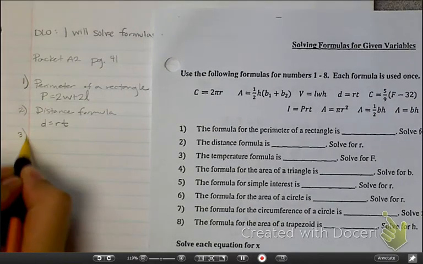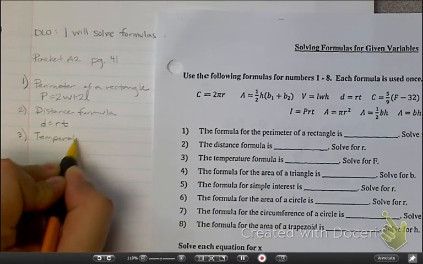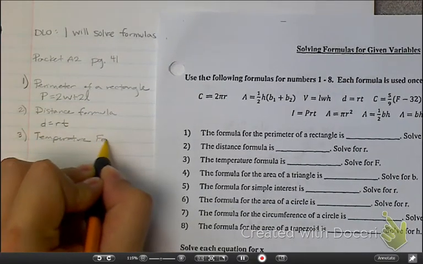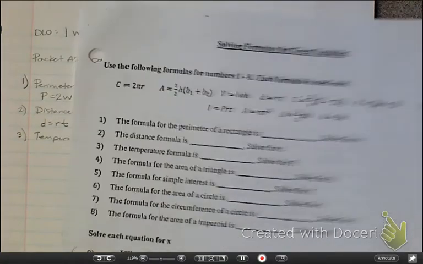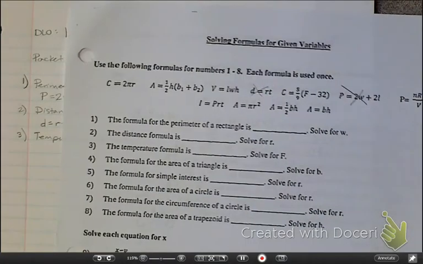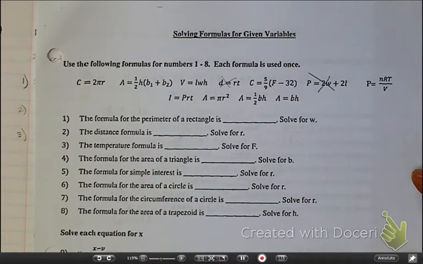For number 3, the temperature formula. Well, temperature starts with T. Let me cross this one off since we already did that one. Do you see any up here that have a T? Me neither. So let's think about what else temperature has to do with.